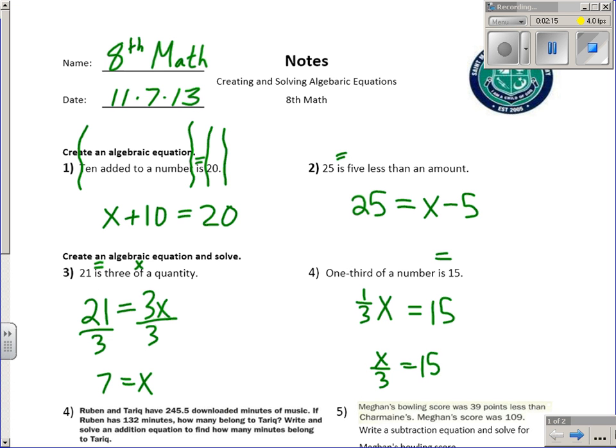If you were to do it with the fraction, we would need to divide each side by a third in order to solve, which is the same thing as taking 15 and multiplying it by 3, so you get 45 there. And if you solve it the other way, you would multiply each side by 3, and you would get that x equals 45.